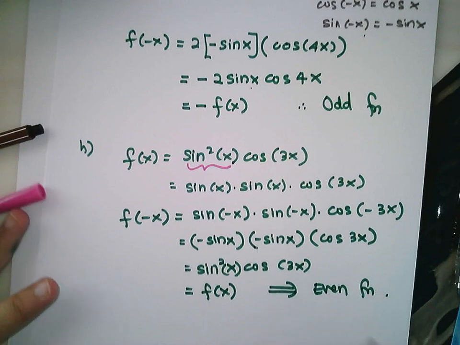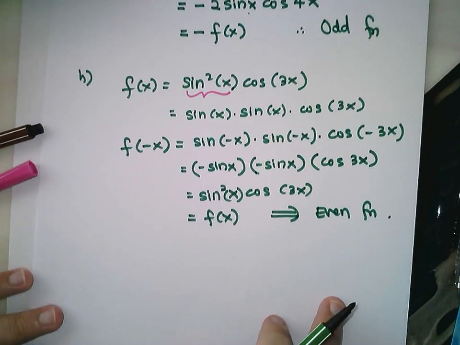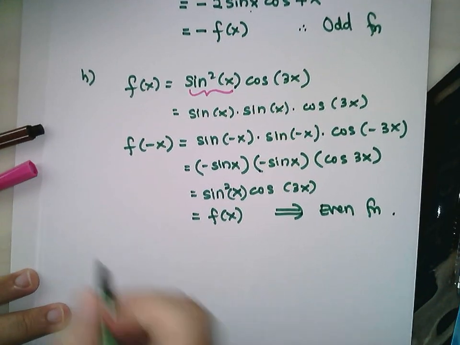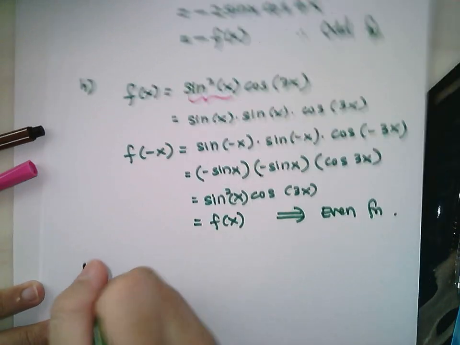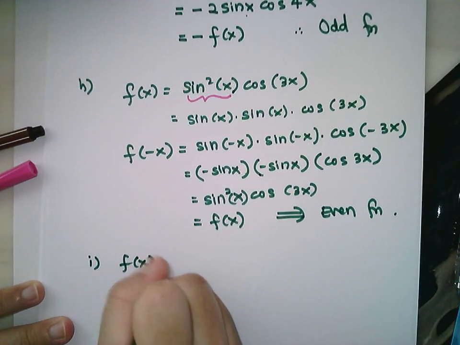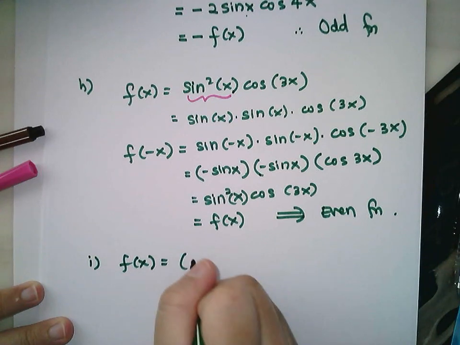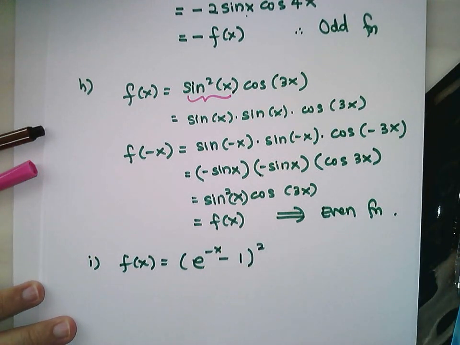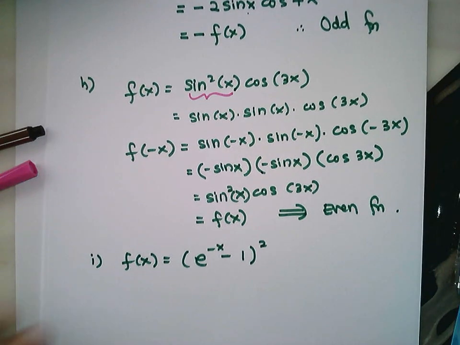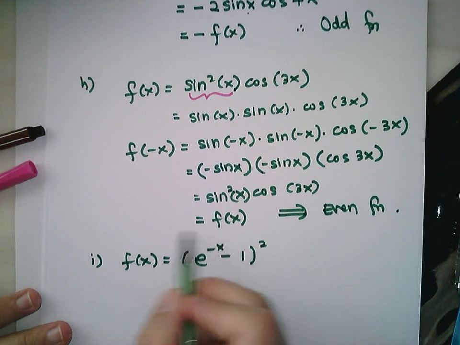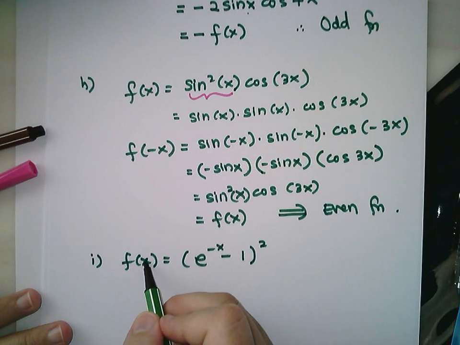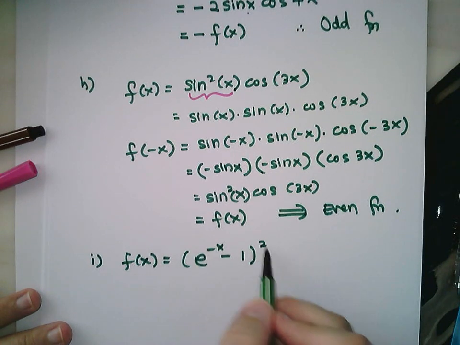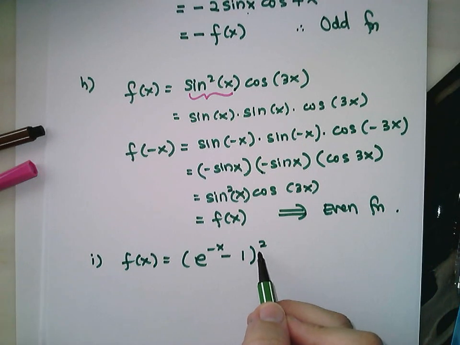So the last one is, let's say your f x is equal to e negative x minus 1 squared. Before you can simply substitute x with negative x, please do something here first, because you have squared here, so you need to expand first.